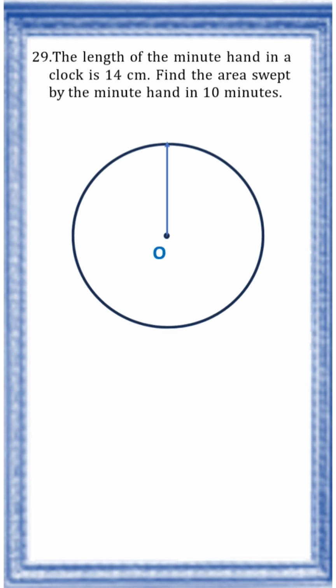Let us keep the central point as O and the end of the minute hand as A. Then it sweeps for 10 minutes. After 10 minutes the position of the minute hand is B. According to the question, now we have to calculate the area of the sector OAB.